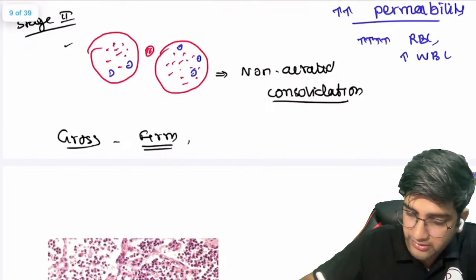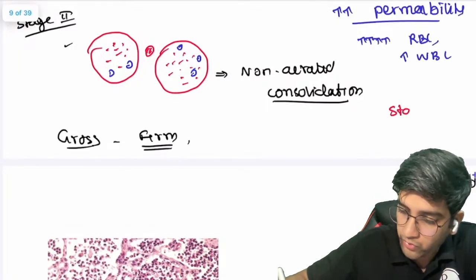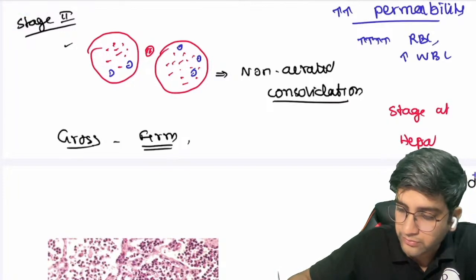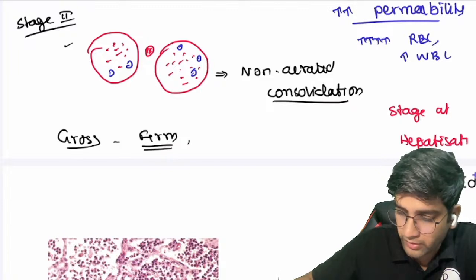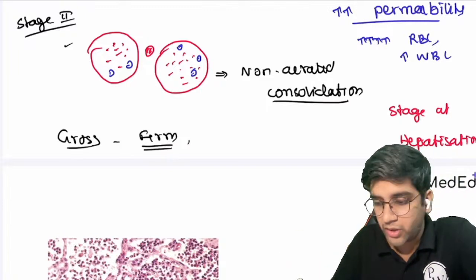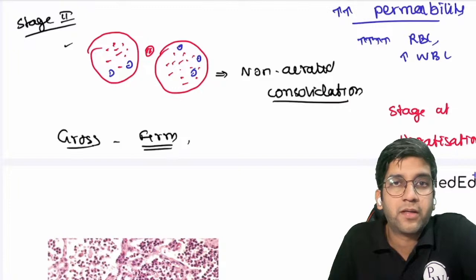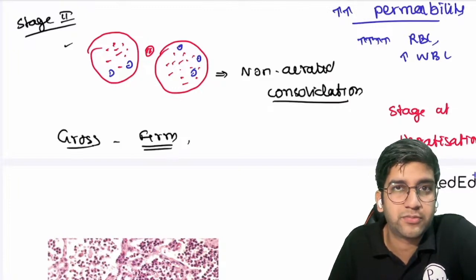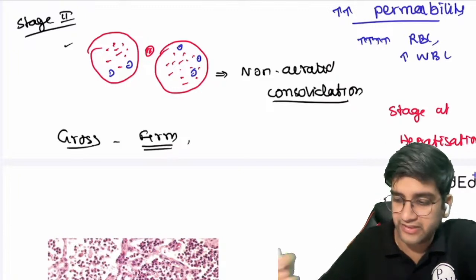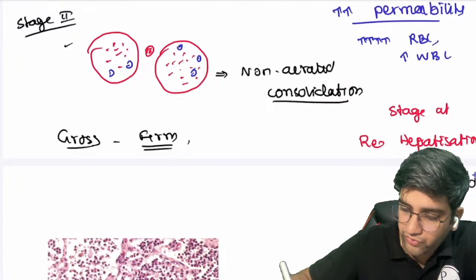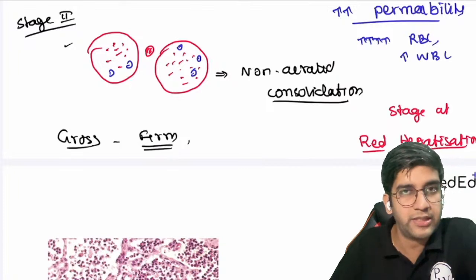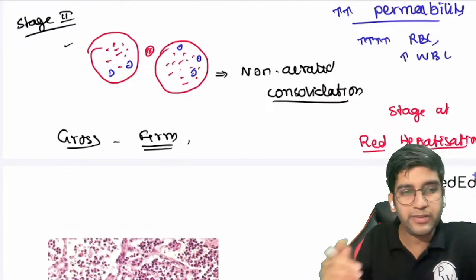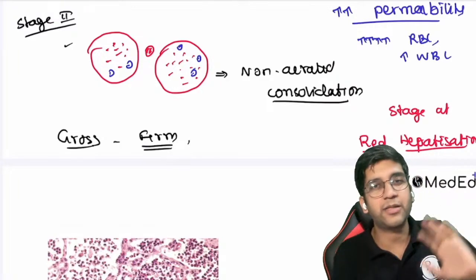We call this stage the stage of hepatization. Now, should I call it red hepatization or white hepatization? Since there will be lots of RBCs, we give the prefix red: stage of red hepatization. It will be firm and slightly red in color because of the RBCs, that's all.